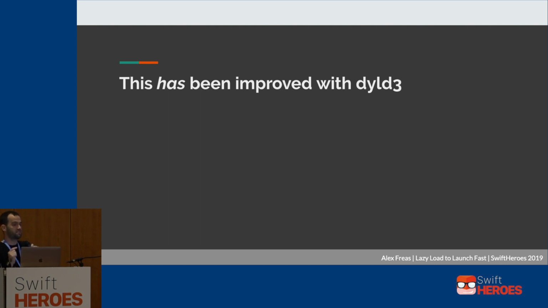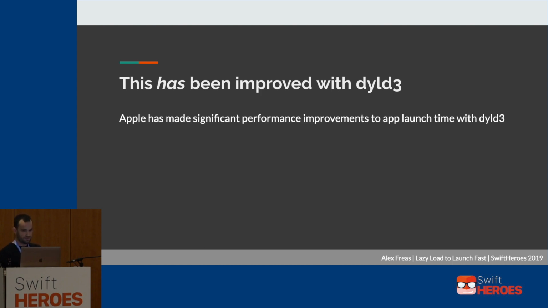So this has been improved with dyld3. If you look at the WWDC videos, they really explain why this is a lot more improved, and you can actually see the improvement for sure. I think Apple knows that a lot of people are using things like CocoaPods very heavily, and they know that this is a huge point of improvement. So they have made improvements to launch time with dyld3.